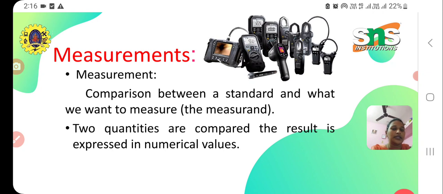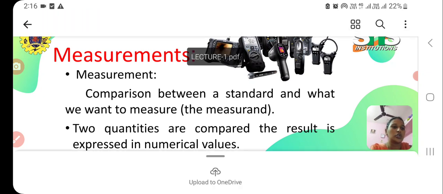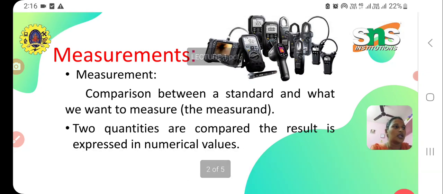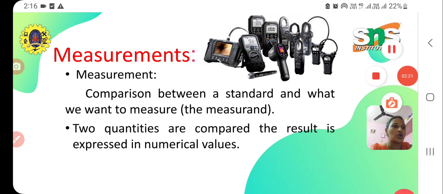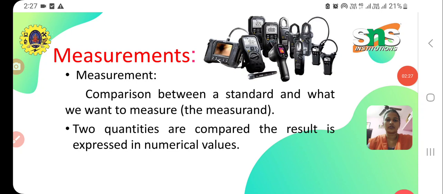The result of measurement is expressed by a number representing the ratio of the unknown quantity to the adopted unit of measurement.